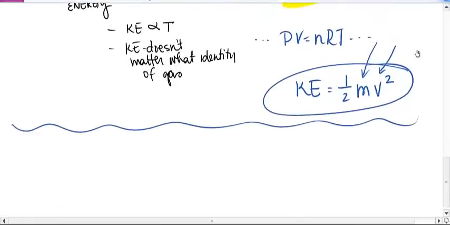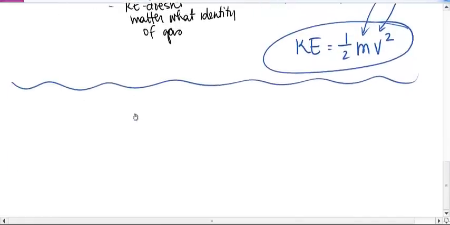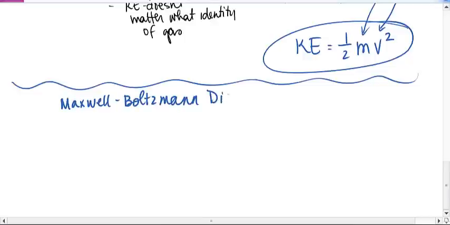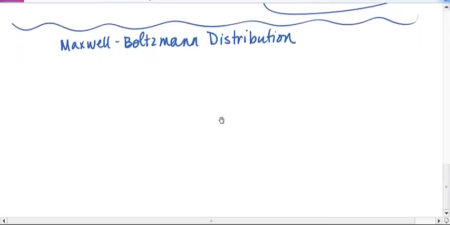All right, next thing. I want us to look at something known as a Maxwell-Boltzmann distribution, related to what we've just been talking about. The Maxwell-Boltzmann distributions are really a specific kind of graph. So I'm going to give you two examples of this kind of graph.